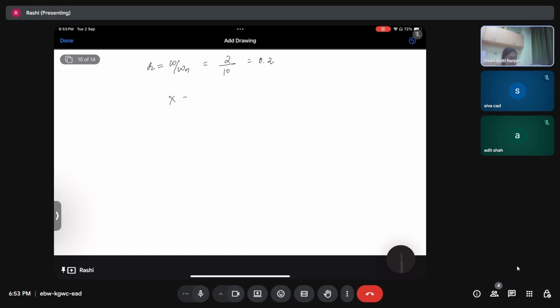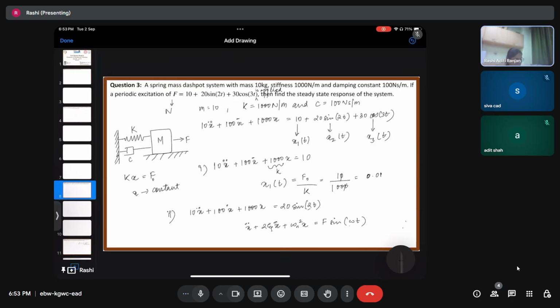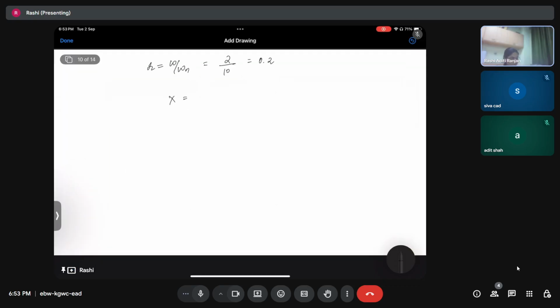So for x, we have f by k, where f was 20 and k is 1000, divided by under root of 1 minus 0.2 square whole square plus 2 eta r whole square.